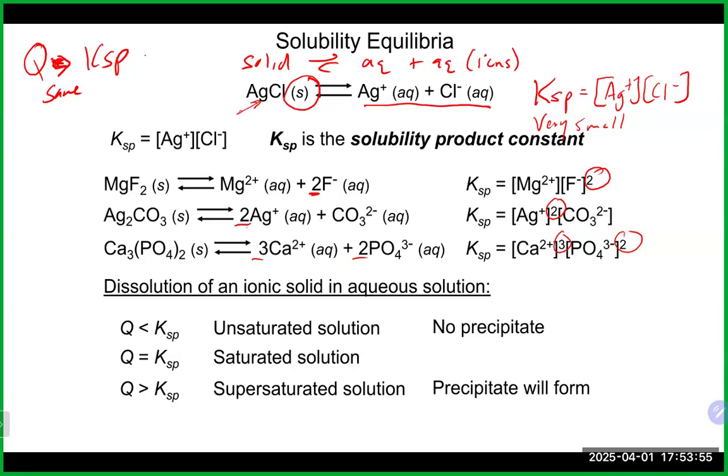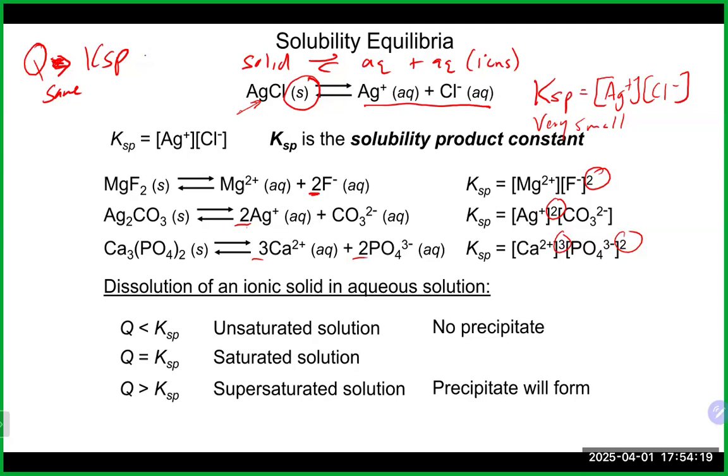If you calculate Q and it is equal to the KSP, then you are at what is known as a saturated solution. And the definition again of a saturated solution is the point where you've hit the maximum amount of solute that will dissolve in a solvent at a given temperature. You're pretty much right there, so if you add any more solid at that point, no more is going to dissolve.